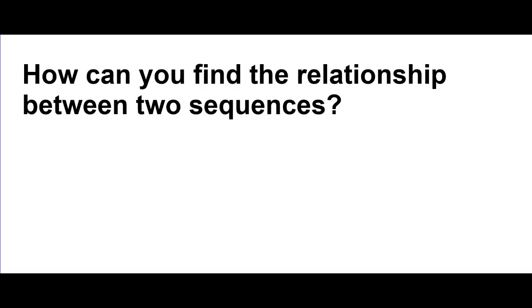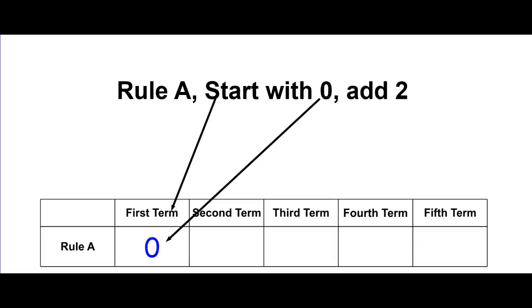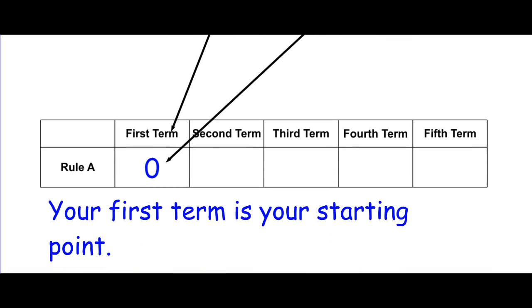So let's look at another example. Okay, and what we're really looking at today is how do we find that relationship between the 2 sequences in our pattern. So rule 1, start with 0 and add 2. So we started with 0, we're going to add 2. So 2, 4, 6, 8. Okay.